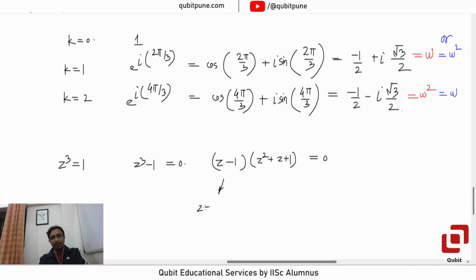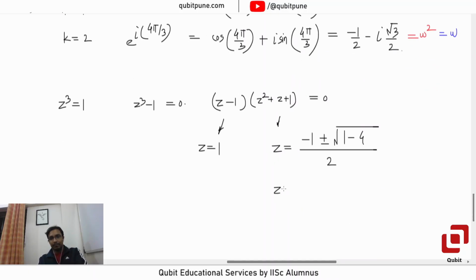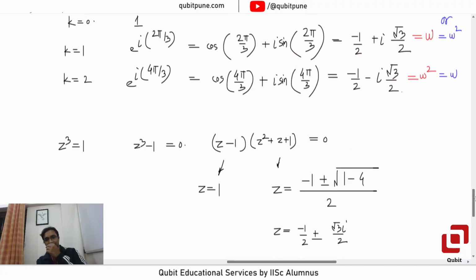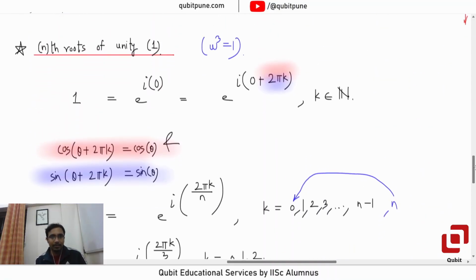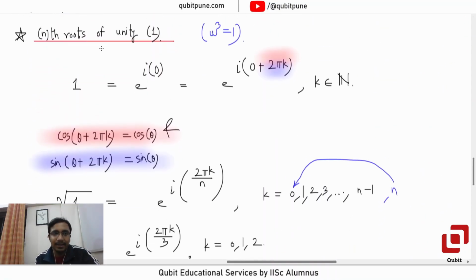This gives the real cube root, z equals 1, and this gives z equals minus b plus or minus root of b squared minus 4ac upon 2a, which is minus 1 upon 2 plus or minus root 3 by 2 i. So you can also find the cube roots of 1 that way, but if we find the nth roots, then that is easier.